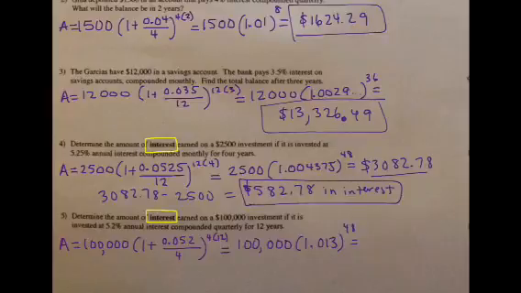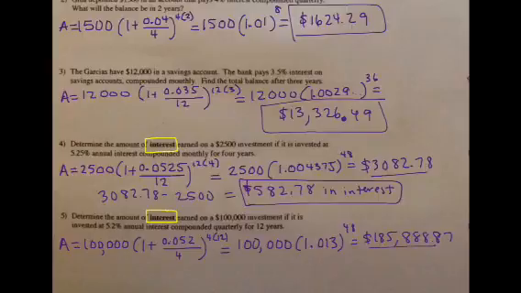For number 5, you have $100,000. You're going to put it in for 12 years at 5.2% interest compounded quarterly. So here you have the setup. You put this into the calculator and you get $185,888.87. So in this problem you want the interest, so you subtract $100,000 from here.